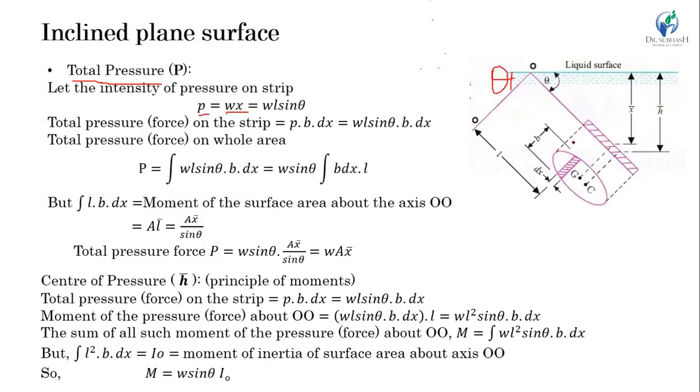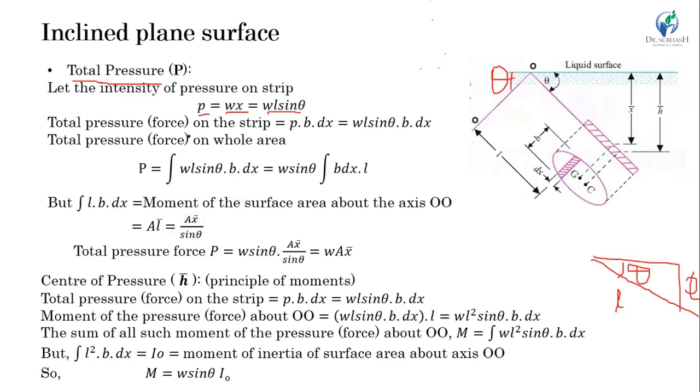If we consider this triangle, this is L, this is x, and this angle is theta. So we get the relation sine theta equal to x by L. So for calculation purpose, x is nothing but L sine theta. So we get the intensity of pressure on the strip as omega L sine theta.